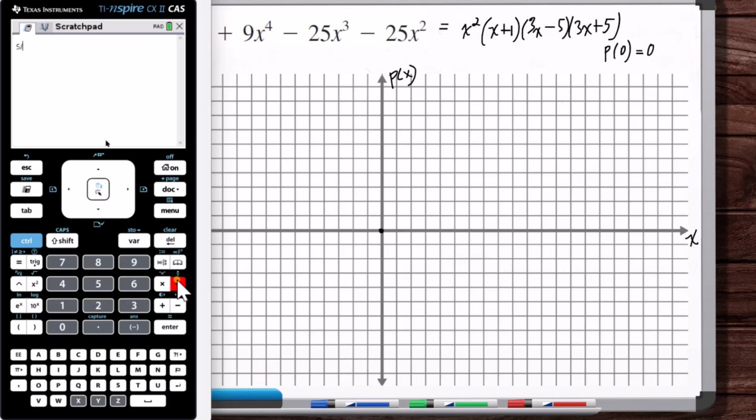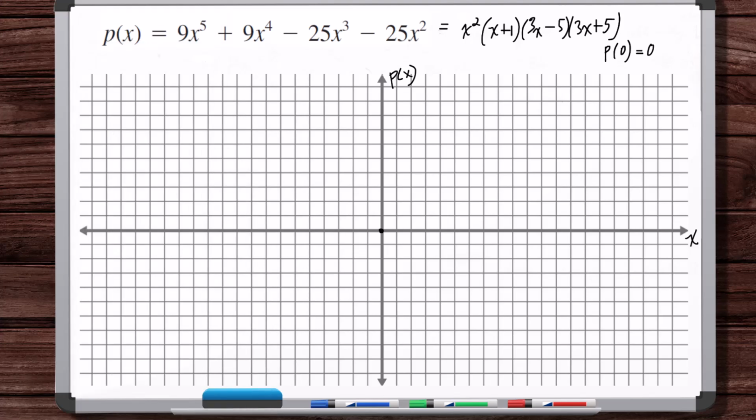So what is 5/3? 1.7. Okay, so let's plot these. 1, 2, 3, 4. There's minus 1. 1, 2, 3, 4. 1.25, 1.5, 1.75. So around right there.